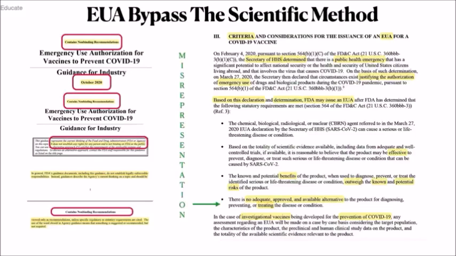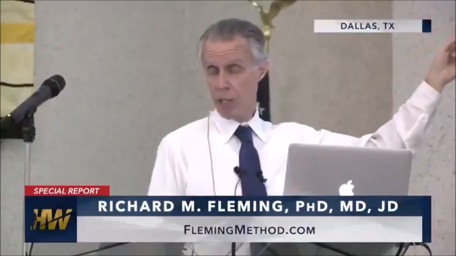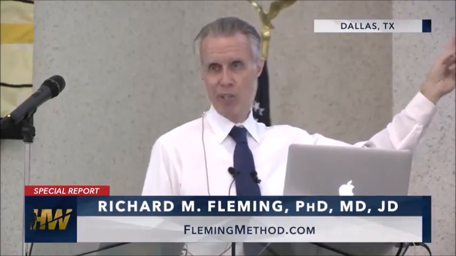The problem is there are adequate treatments. So by definition, the EUA doesn't exist. The use of PCR tests is gone. EUA authorized vaccines are gone because the EUA no longer exists.